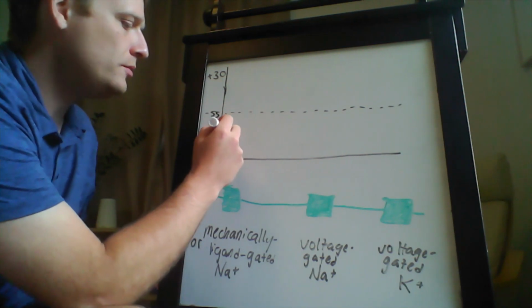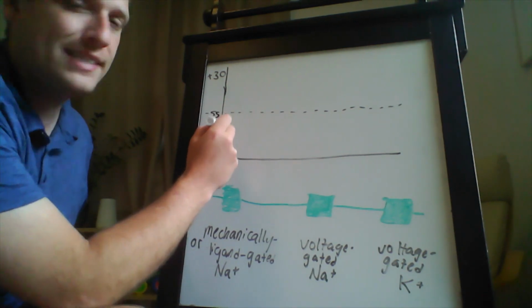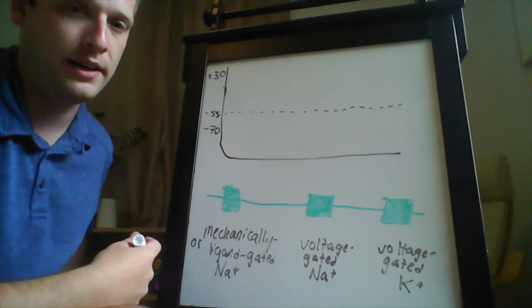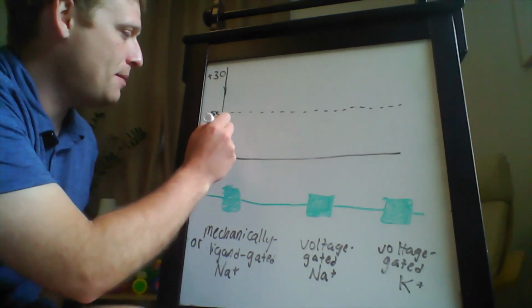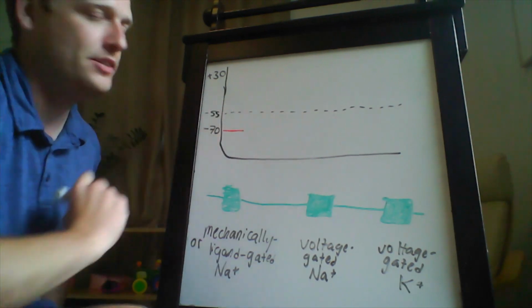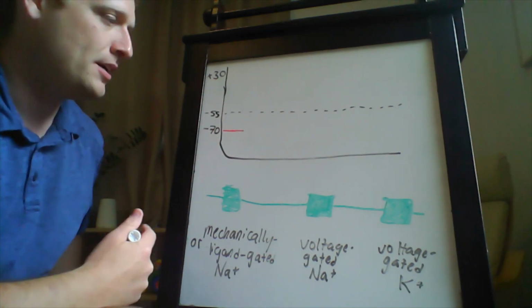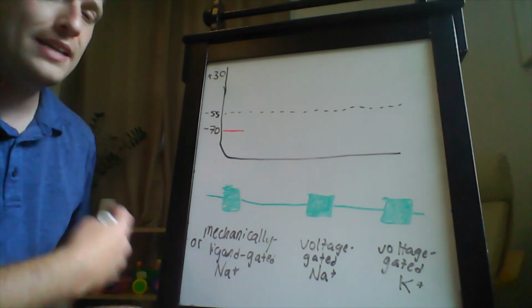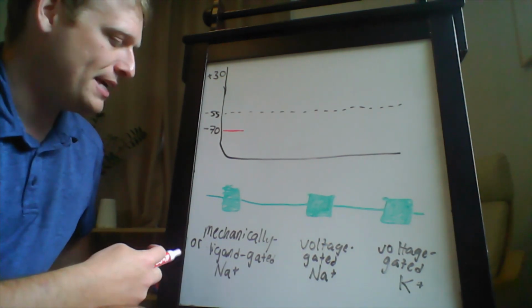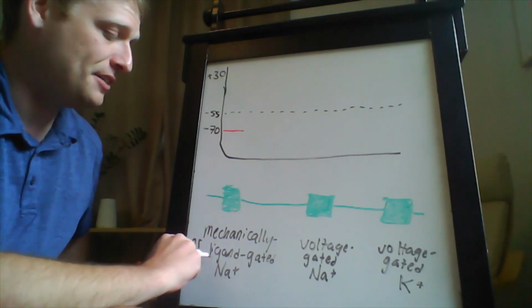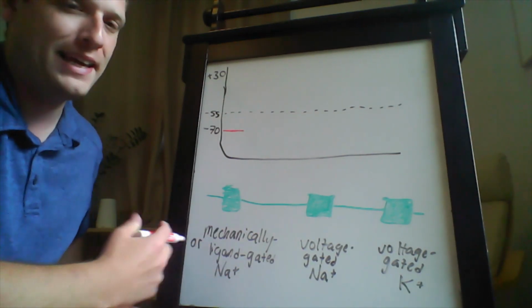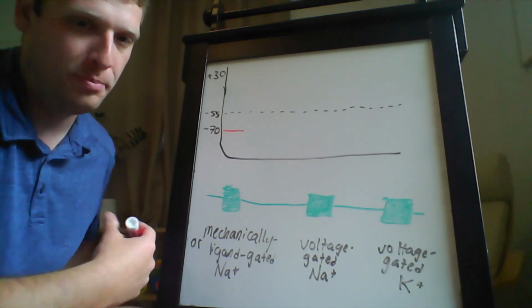The resting membrane potential, or the resting voltage across the membrane of a neuron, is about -70. So this is a neuron at rest that has not yet been stimulated. That stimulation is going to be based on the binding of a ligand, like a neurotransmitter, or some mechanically sensitive channels opening.